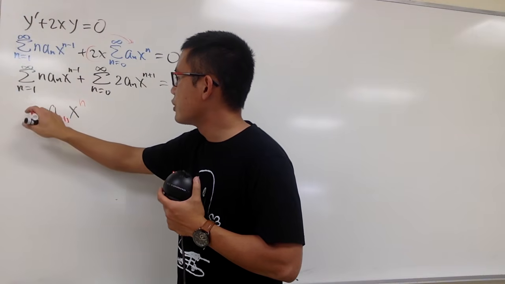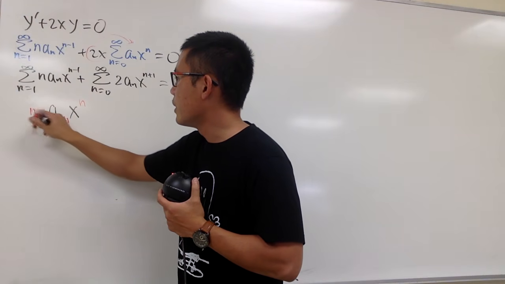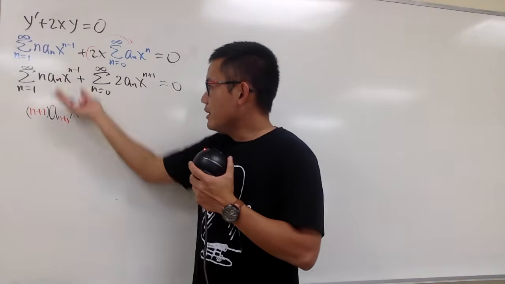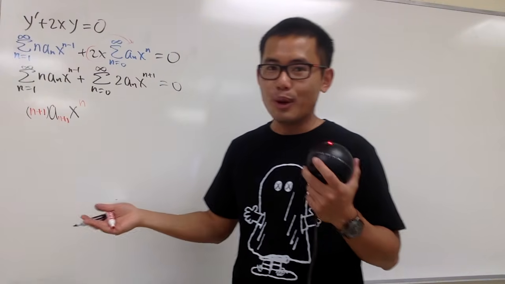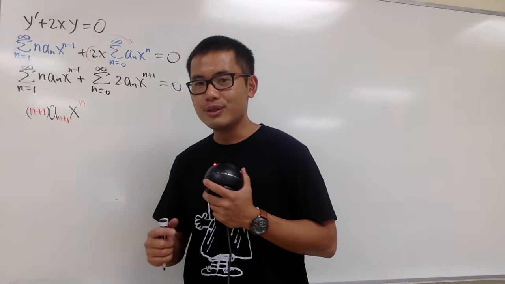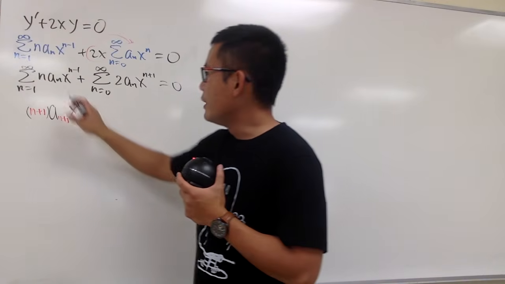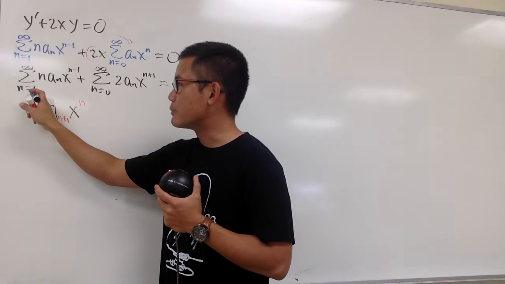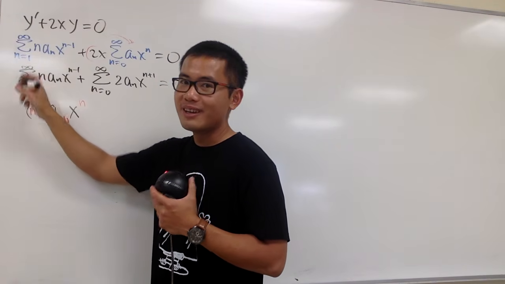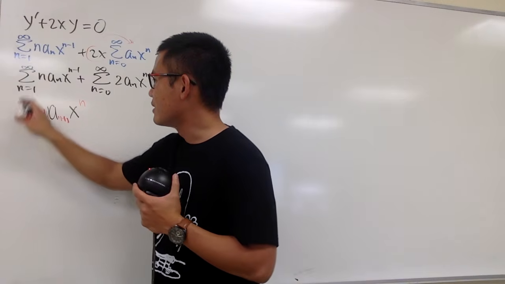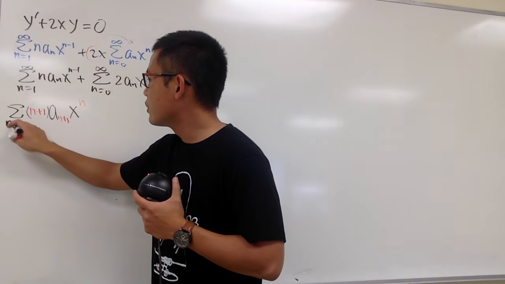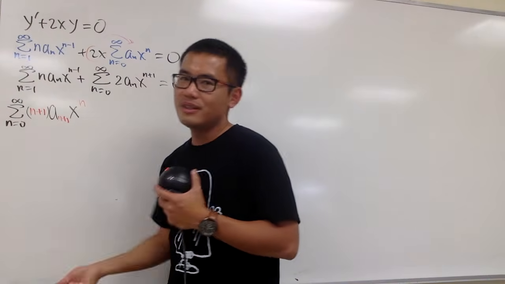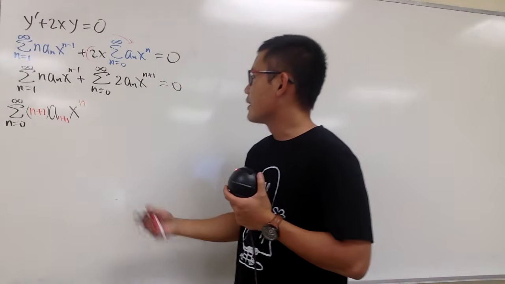And then this n is going to be n plus 1 as well. I'll put this in the parentheses. And then from here to here, yes, I just totally changed the whole thing. But this is what we can do to compromise it. We add 1 to all the n's right here. All we have to do now is to subtract 1 here, subtract 1 from here, and that will be it. So this is going to be n goes from 0 now to infinity minus 1, still infinity, just like that, right? Okay, so that's what we have.